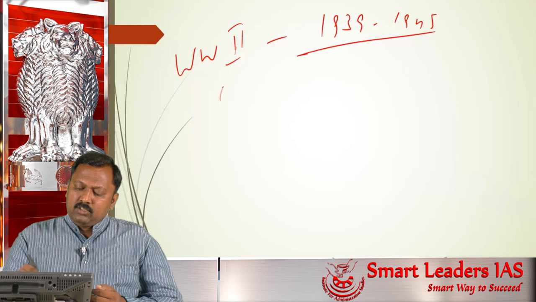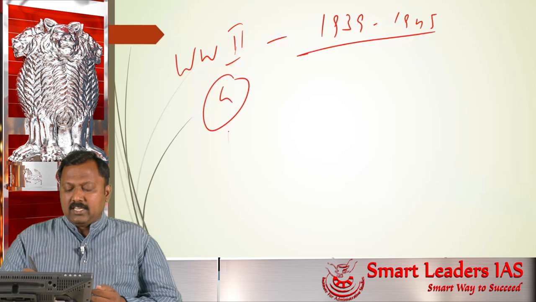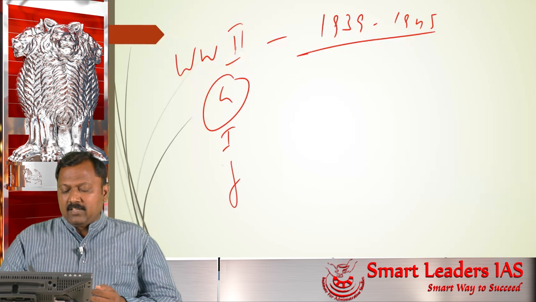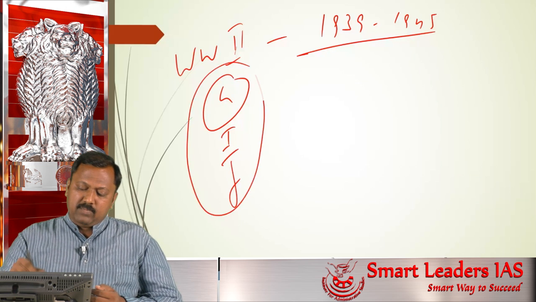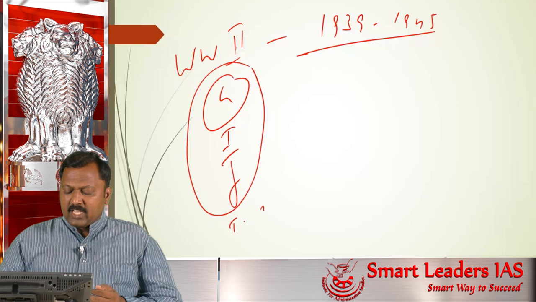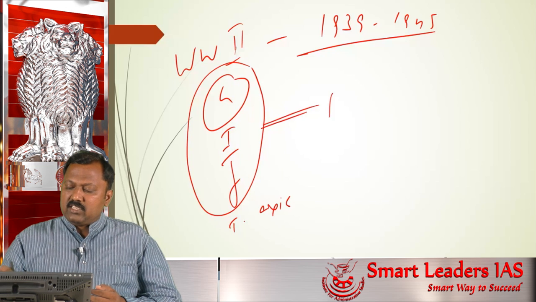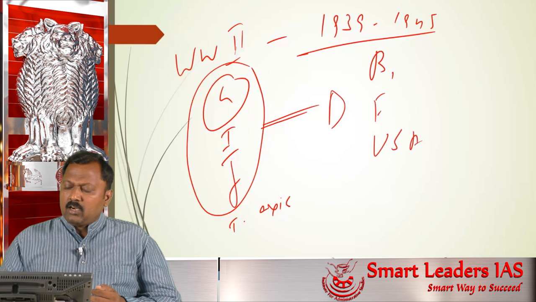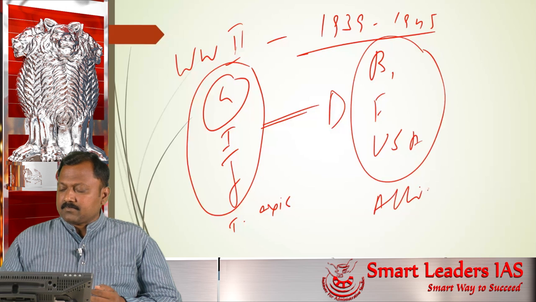In World War II, Germany was on one side, and Italy also joined with Germany and Japan also joined with Germany, and these three are called the Axis powers. All the rest of the countries, which is Britain, France, America and all the rest, joined and became the Allied powers.